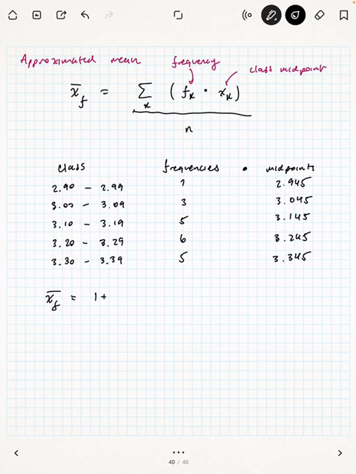That will be 1 times 2.945 plus 3 times 3.045, and so on. Make sure you're aligning them correctly.